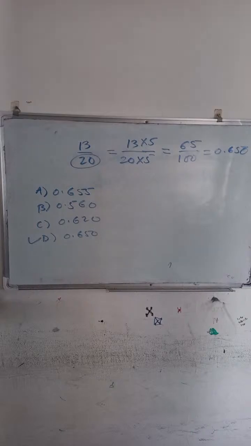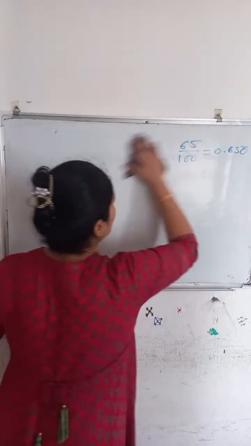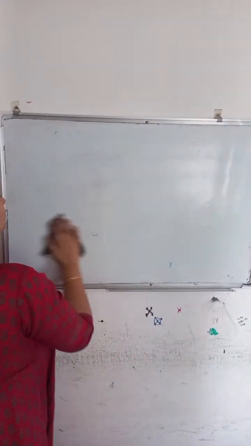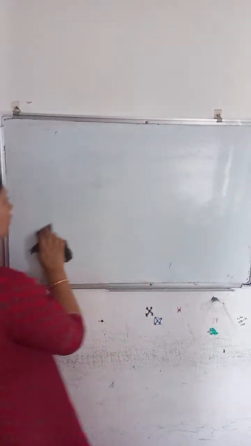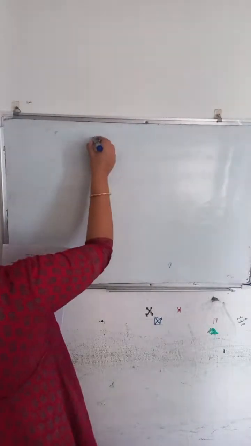So next is, express 0.777 and so on in the form of P by Q. Those who are able to do it, no need to wait for me, they can solve on their own.